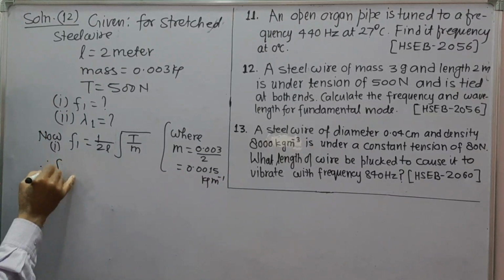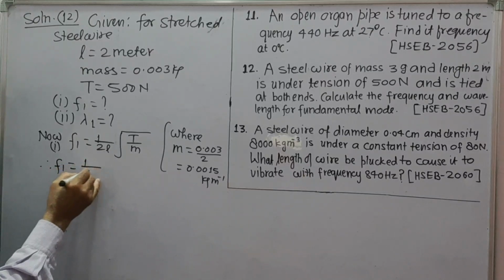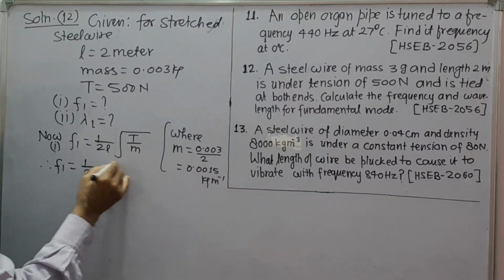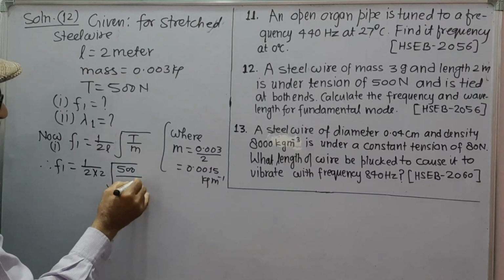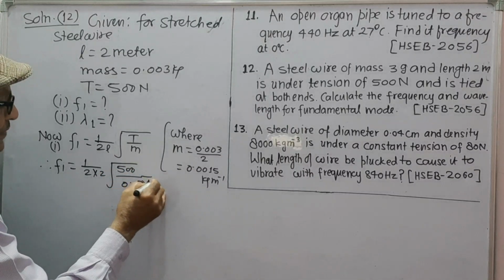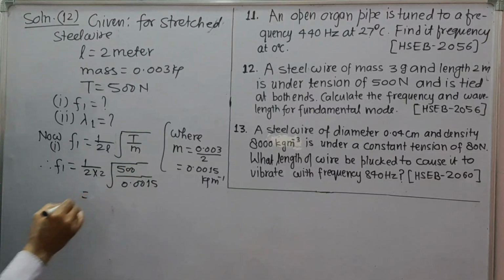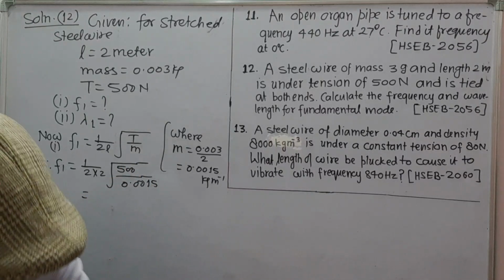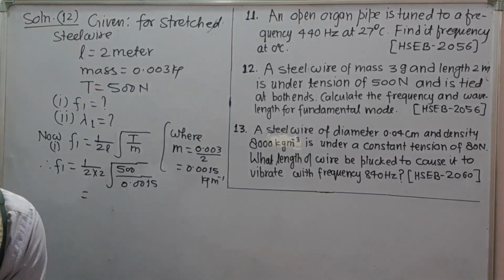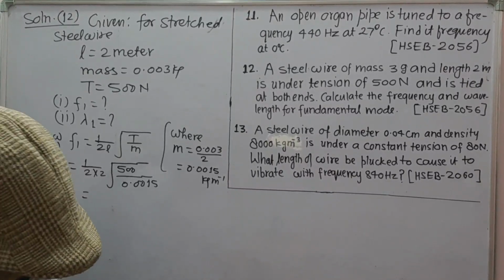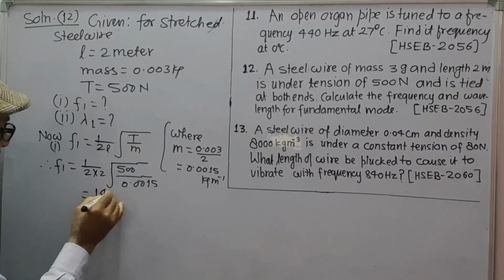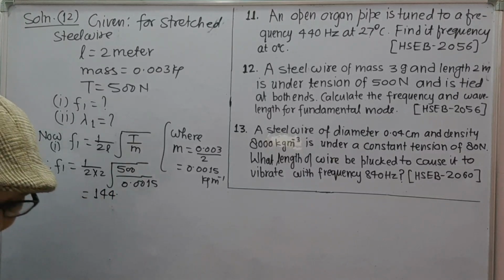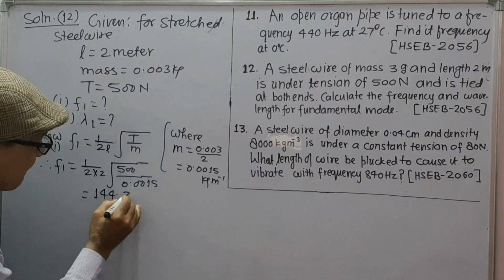Therefore, F1 will be equal to 1 upon 2 into 2 under root 500 upon 0.0015, which gives a frequency F1 as 144.3 Hertz.